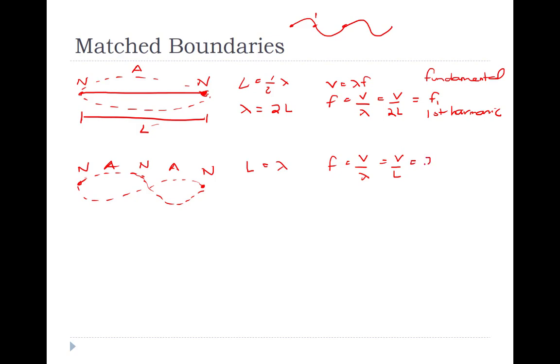So I can rewrite this as 2 times f1. And because this is a number 2, I'm going to call this f2. This would be the second harmonic. You may also hear it called the first overtone.